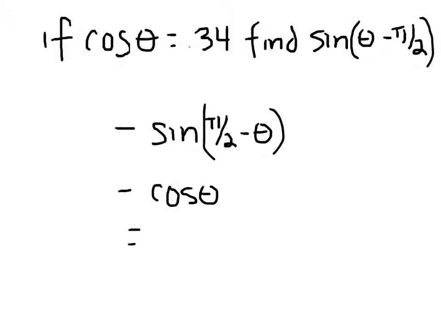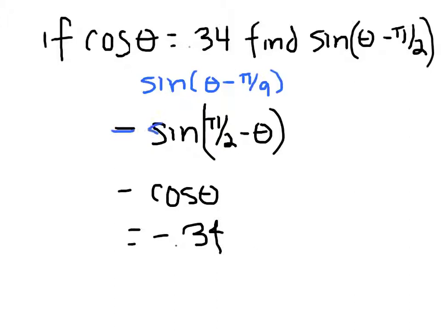And so the sine is negative 0.34. And I just realized I busted a move right here that we didn't talk about yet. So sine of theta minus 90, and I changed that to negative sine of 90 minus theta.